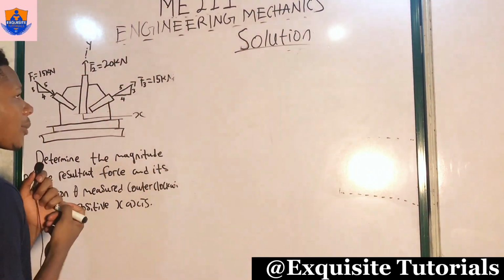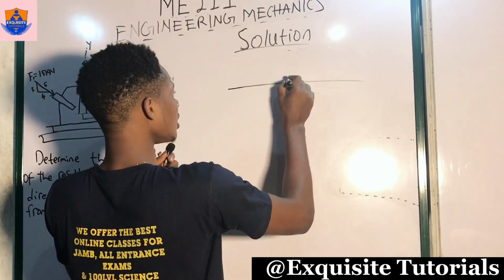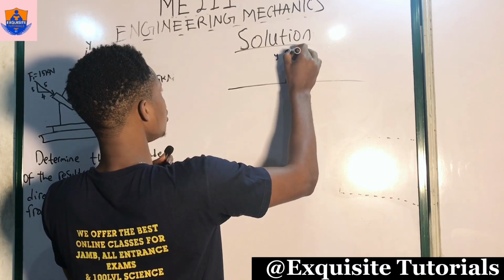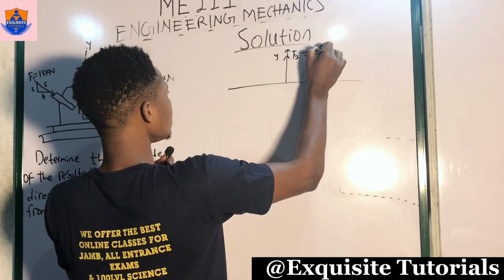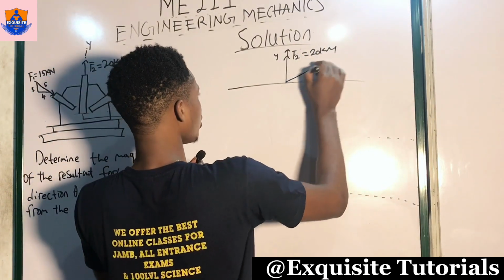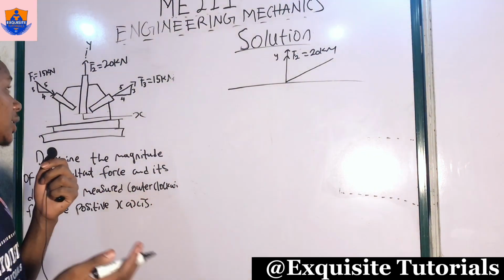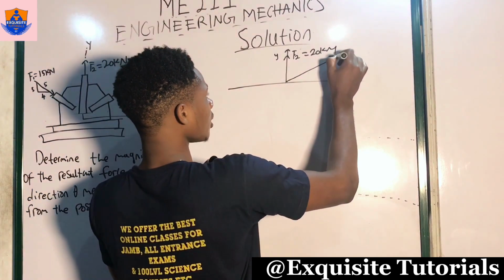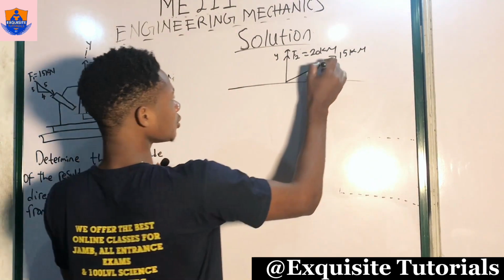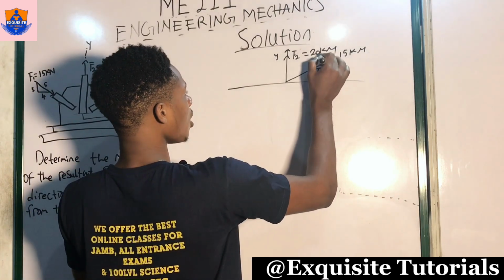First of all, I'm going to be drawing a plane on the board. We're having a plane like this, and on the positive y-axis we have a vector which is a force of 20 kilonewtons, and on the right side we have a force F3 which has a value of 15 kilonewtons, and the direction is given by a small triangle 3, 4, and 5.